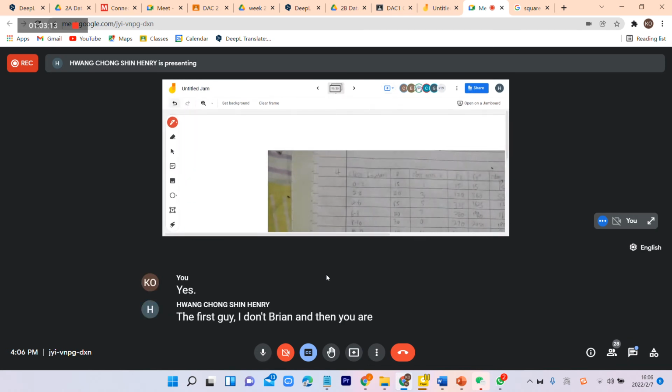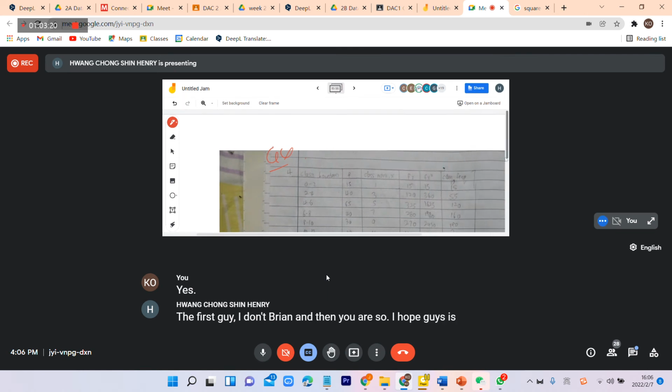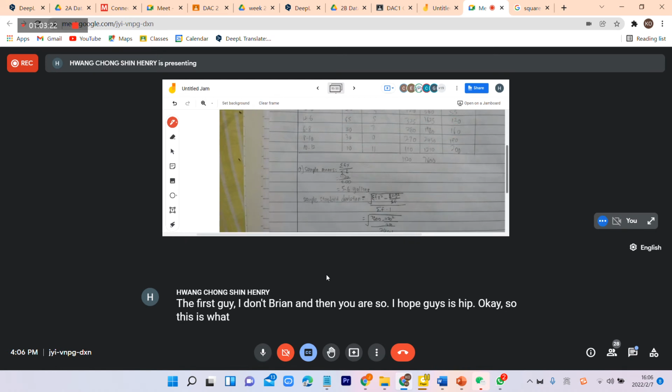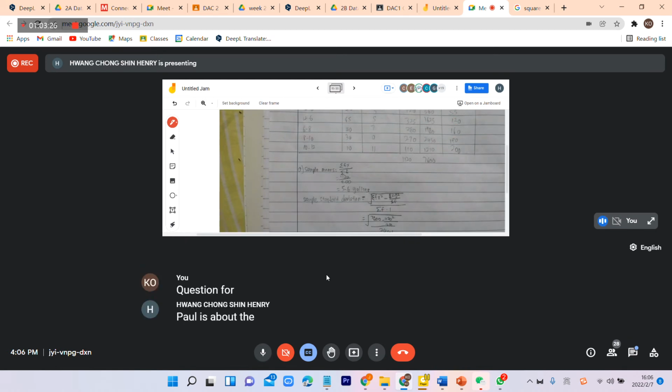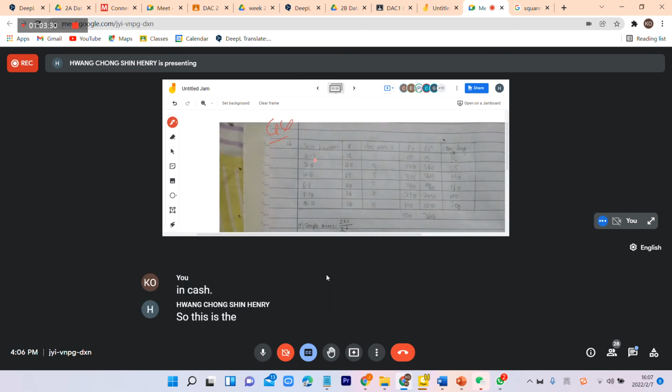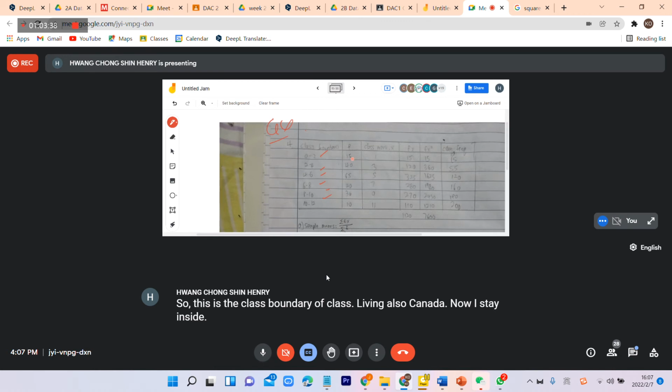I hope you guys keep up the challenge. Okay, so question 4 is about the garage, right? This is the class boundary, or class limit also can. Explain the answer.